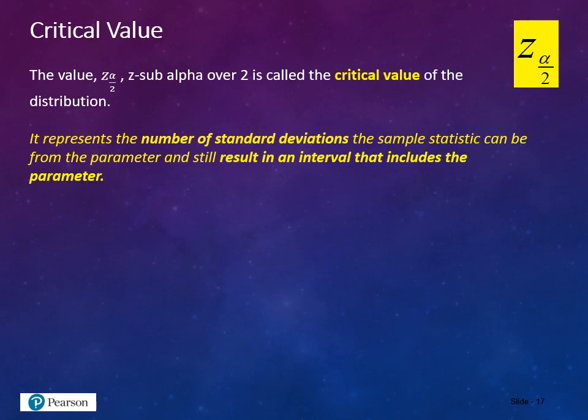Remember, we're trying to identify data from the sample that we can use to make inferences for the entire population. And so this critical value, again, is representing the number of standard deviations away from our statistic that we have from our parameter and still apply to the population data point as well.